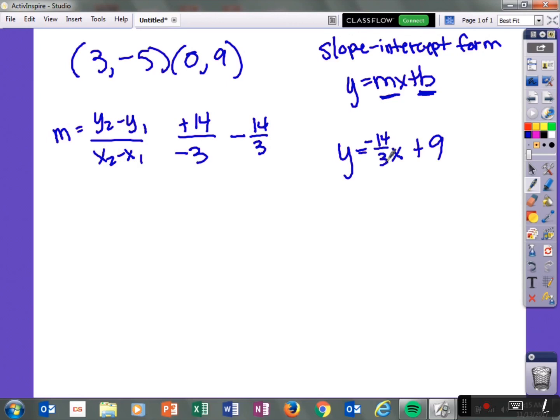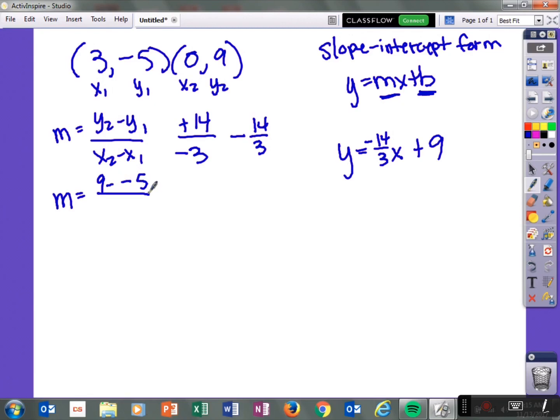What's the other way to do it? Plug the numbers in, right? x1, y1, x2, y2. Alright, so what is y2? 9. 9 minus y1, -5. Be careful here and notice this minus is a minus, and this is a negative.